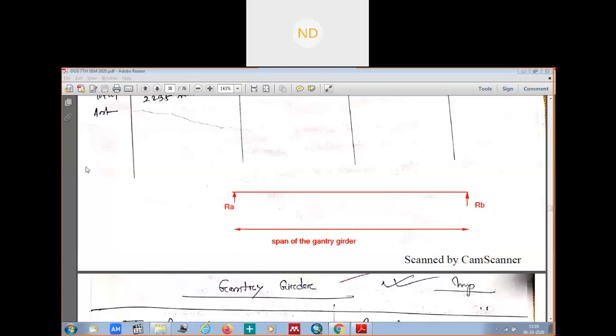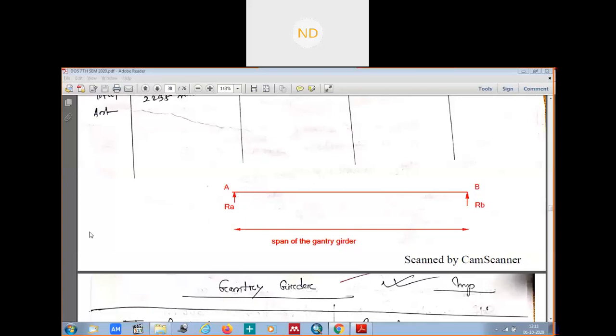So on the gantry girder, if we had given this to be point A, this to be point B, and on the crane girder it was C and D. So reactions RC and RD we had calculated, right?